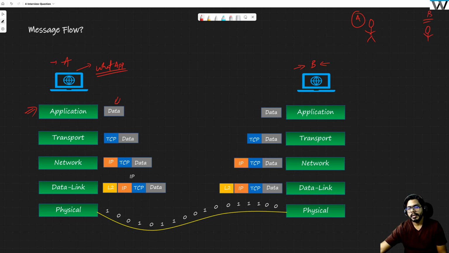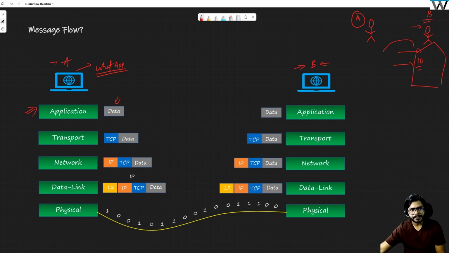First thing first, if you want to meet this guy, you should know the address of B. And it might be the case that B is in a house where more than 10 people live, so you should know the name of B also, so that when you reach this house, you can ask that you want to meet Mr. B. This is a very simple thing.